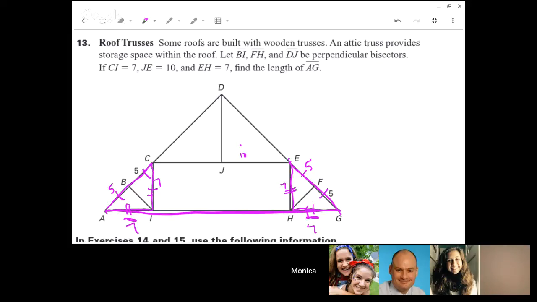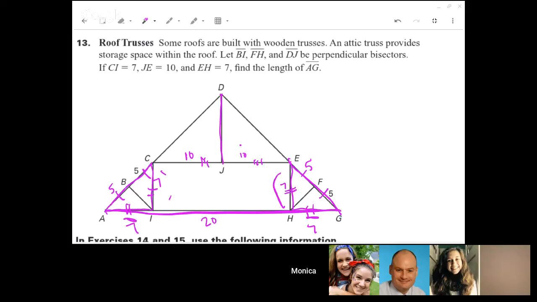Well, if we know that these two sides here are both 7, this side is 10 up here. This side is also going to be 10 because we know DJ is a perpendicular bisector of a segment, okay? So that means this length down here would be 20.